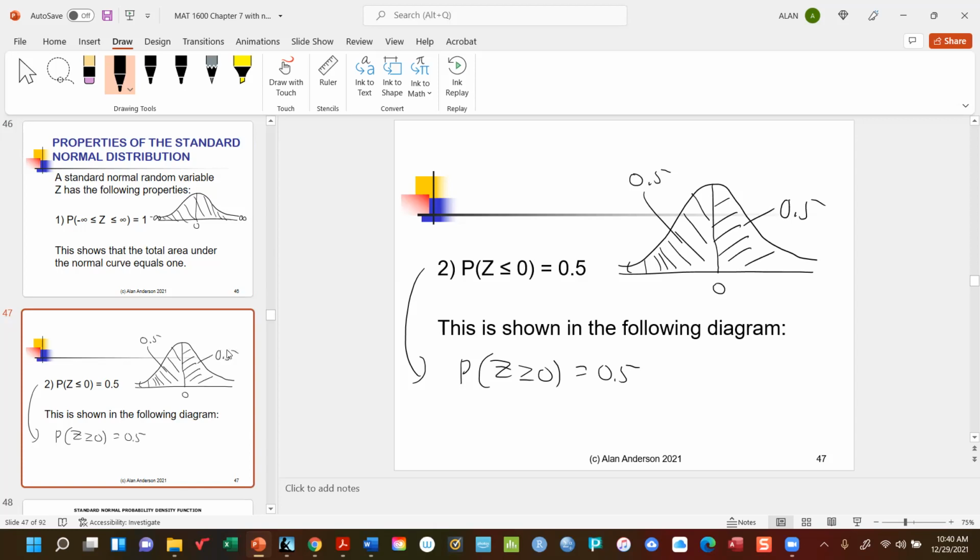Okay, because these two cover all the possibilities. That's all we have to choose from. So each one individually has an area of a half. The total is, of course, 1. And this is necessary because of the symmetry of the distribution. The left and the right-hand sides are mirror images of each other.